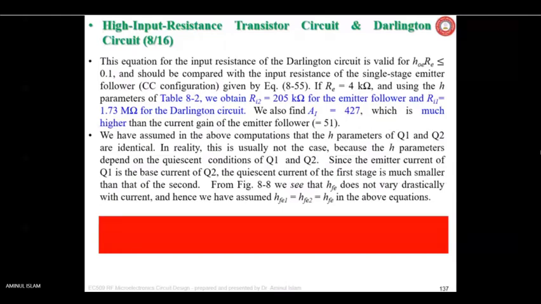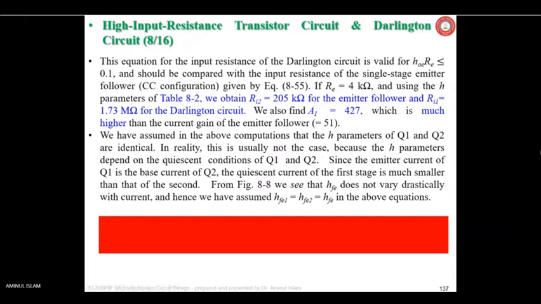So these advantages are there. We have assumed in the above computations that the H parameters of Q1 and Q2 are identical. But in reality, this is not going to be the case, because H parameters depend on the quiescent condition of Q1 and Q2.